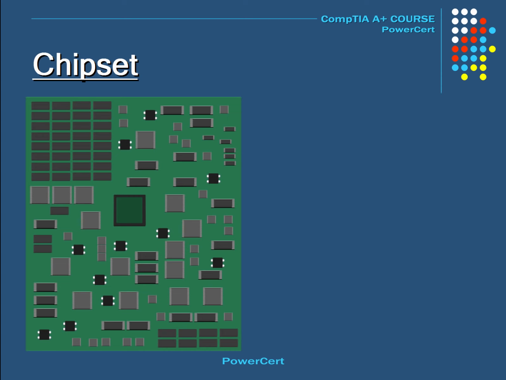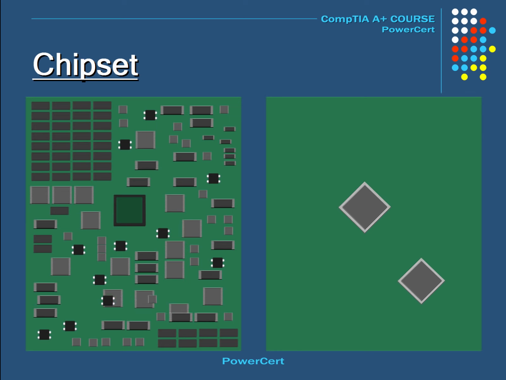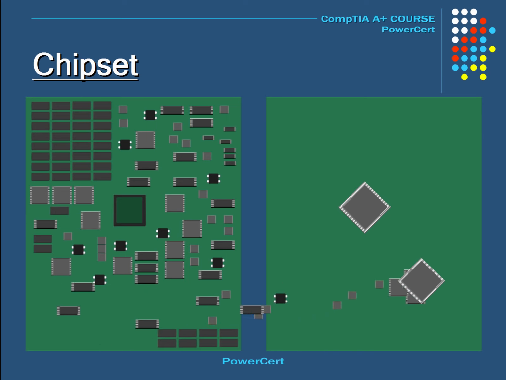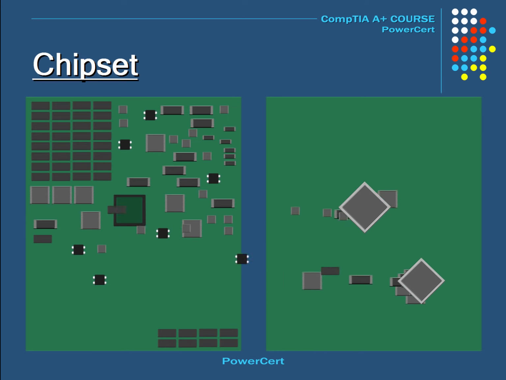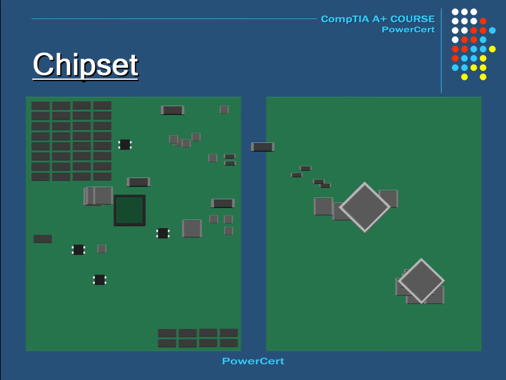As technology progressed, computer engineers decided to reduce the number of chips and have them in a more centralized location. So instead of having these different chips scattered all over the motherboard controlling different functions, they reduced the number of chips to do the same job and condensed them to only a few chips, what's now called a chipset.